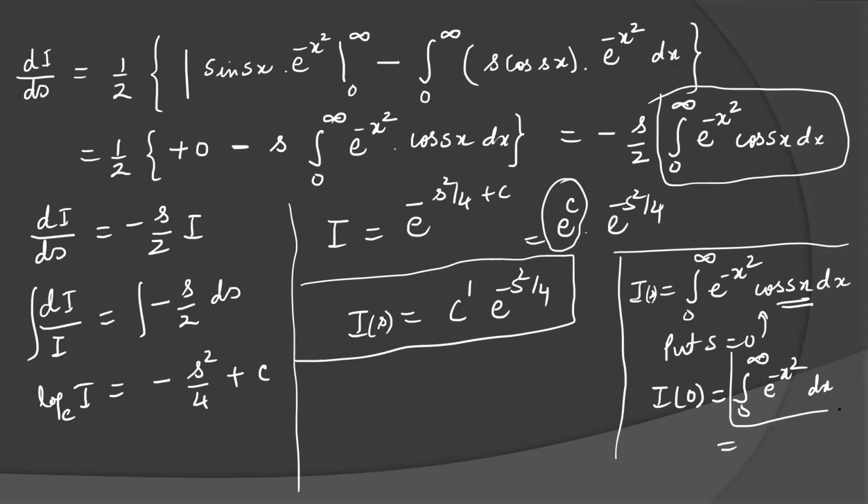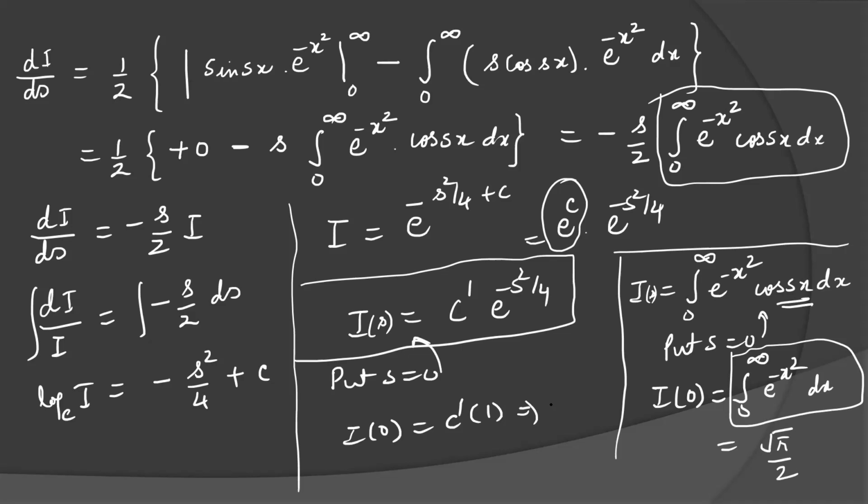And if you use my gamma lecture, the integral from 0 to infinity of e to the power minus x square dx is nothing else but root pi by 2. You can see my lecture on beta gamma function. If you put s equal to 0 here also, you will get I0 equal to c dash times e to the power 0, which is 1. So I0 is root pi by 2, so c dash equals root pi by 2.